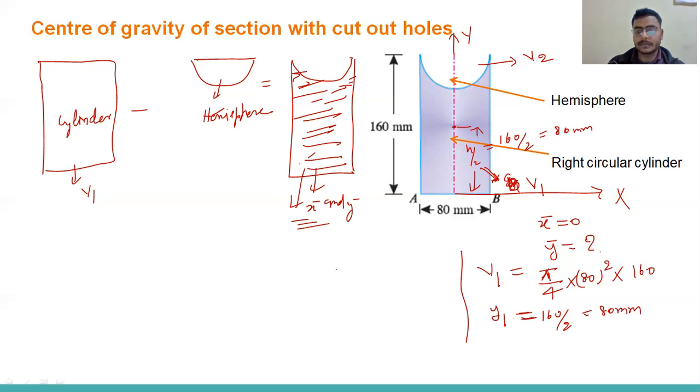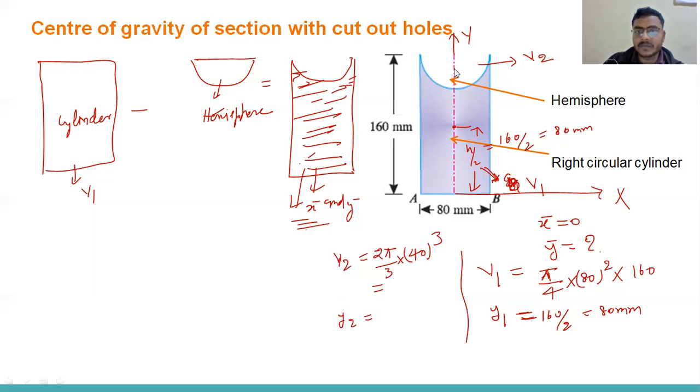Now come to the hemisphere part. V2: what is the formula for a hemisphere? 2 pi by 3 into r cube. What is the radius of this hemisphere? Diameter is 80, so radius will be half of the diameter, that is 40. 40 cube, so we'll get some value. And what will be Y2?